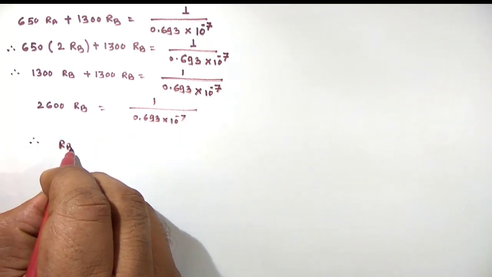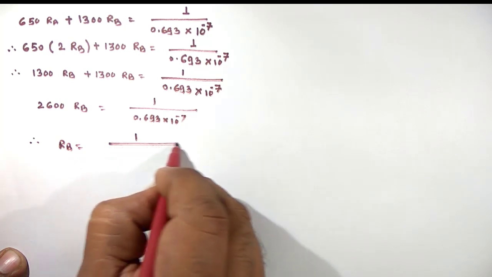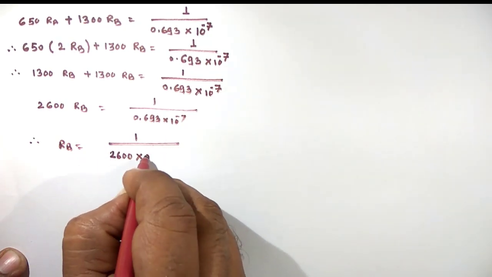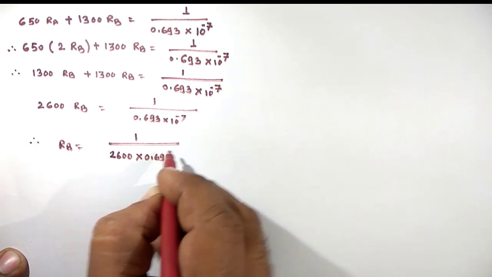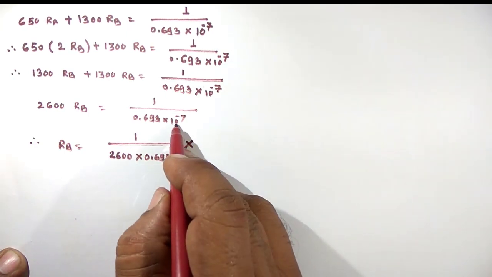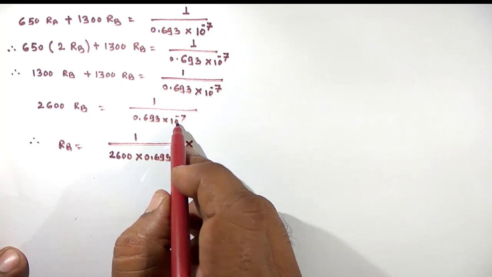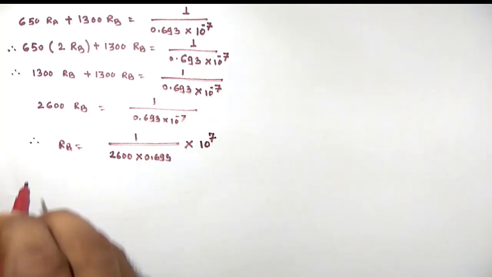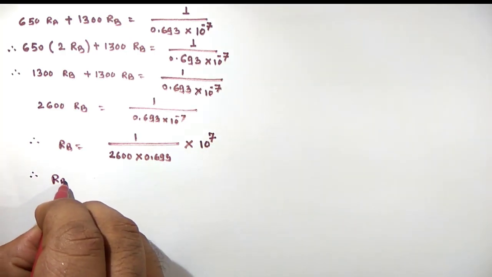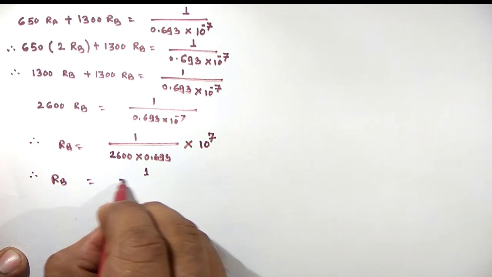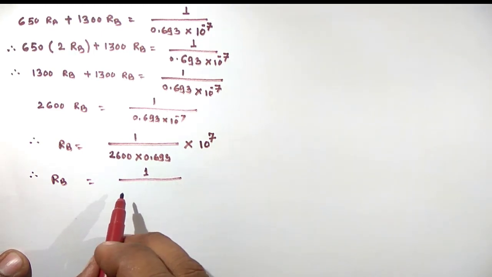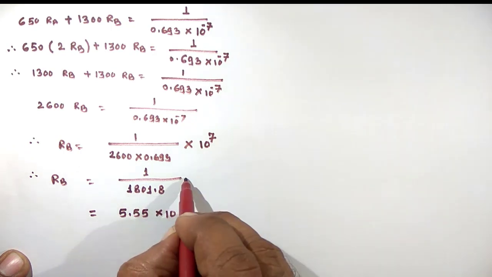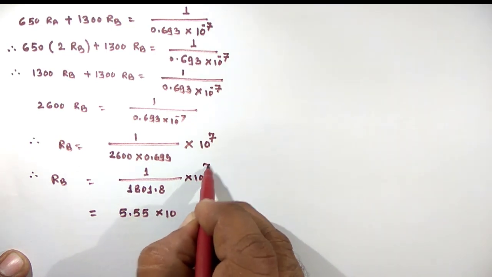Hence, RB is equal to 1 divided by 2600 into 0.693 into 10 raised to minus 7. When it goes to the numerator, it will become 10 raised to plus 7. Hence, RB is equal to 1 upon 1801.8 into 10 raised to 7.